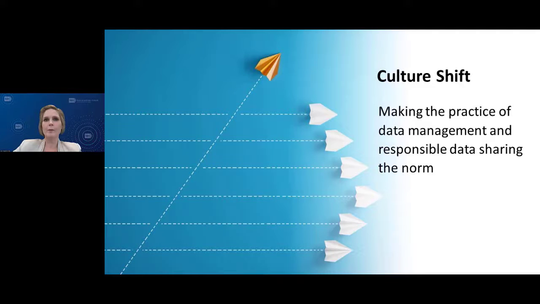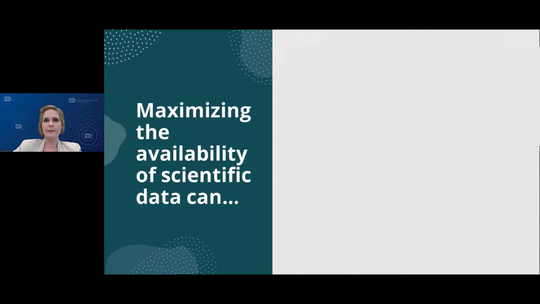Simply put, we want to make practices of data management and responsible data sharing the norm. That is, consider routine to the conduct of science itself, just as reporting out on the findings of a study. Through this new policy, we aim to catalyze this culture shift. The core principle embedded in the policy is maximizing the availability of scientific data resulting from taxpayer-funded research.